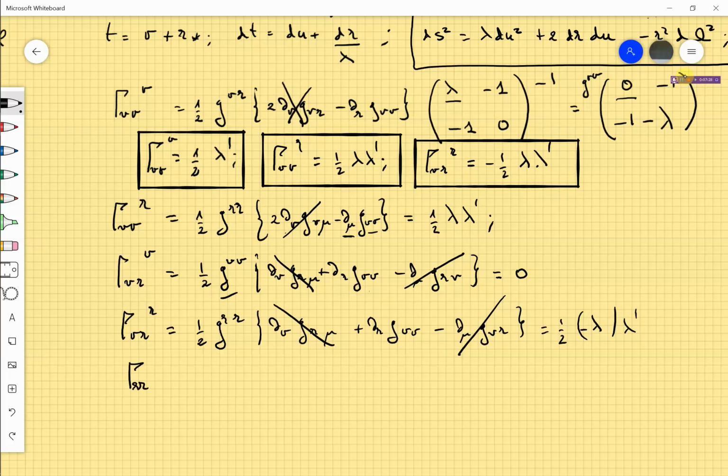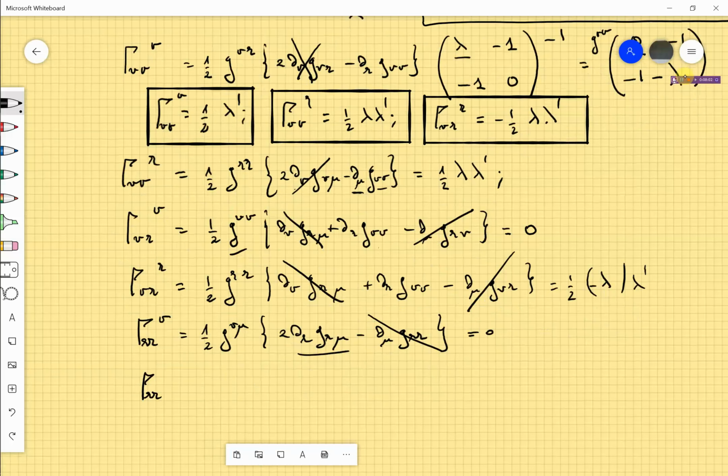Next we have to compute this one, V mu. Now this comes twice minus the mu GRR. The mu GRR is 0, always, because GRR is 0 in these coordinates, and GR mu, if mu is r, again this is 0. If mu is v, this is also 0, because this is the derivative of a constant, so this is 0.